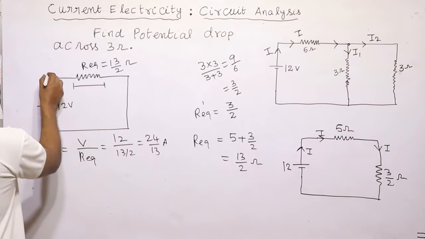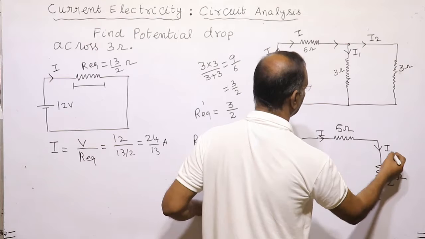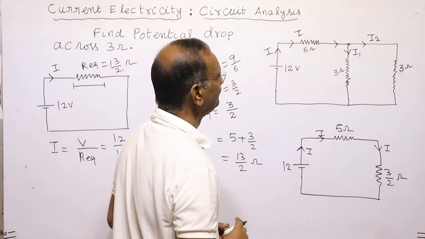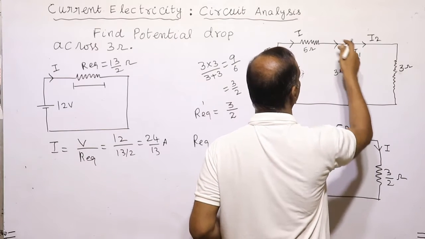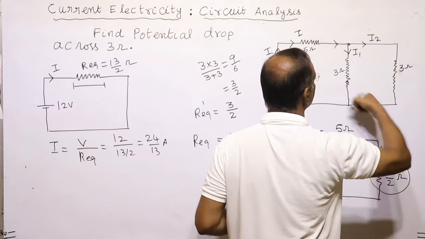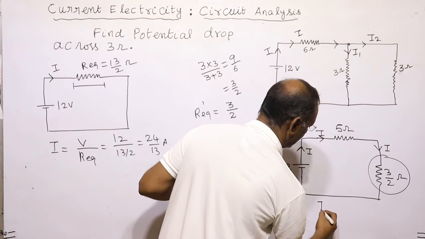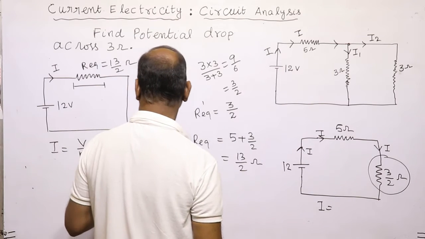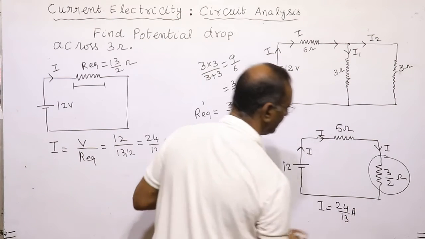So the current flowing here is I. The same current I is flowing here, but it is divided here into I1 and I2. Up to here I is flowing in this circuit. This is equivalent to these two. So it is divided here. So I we have calculated as 24 by 13 ampere.